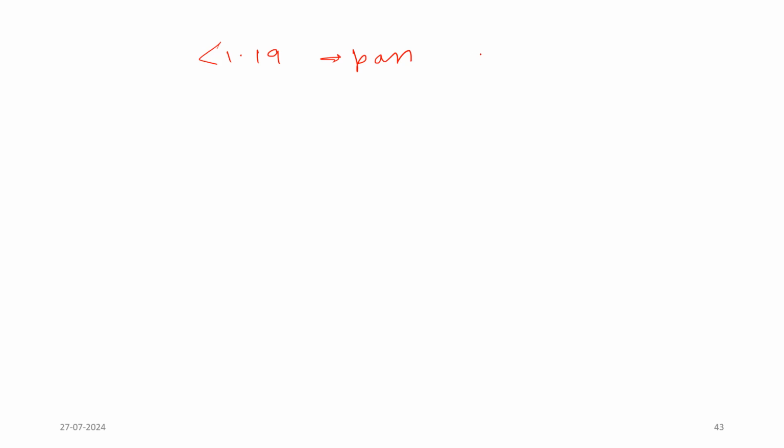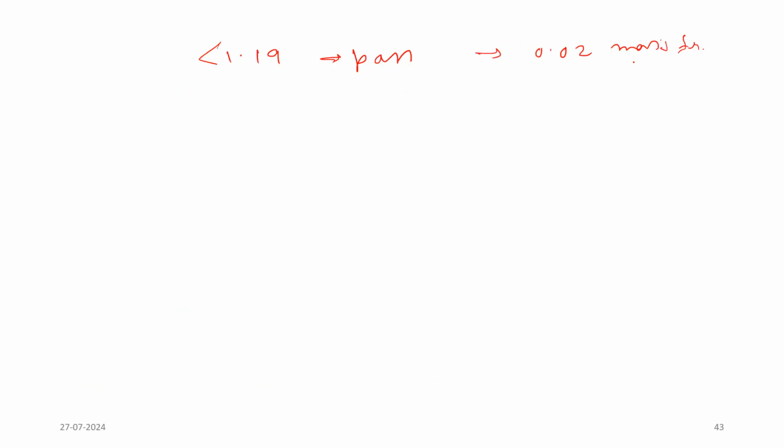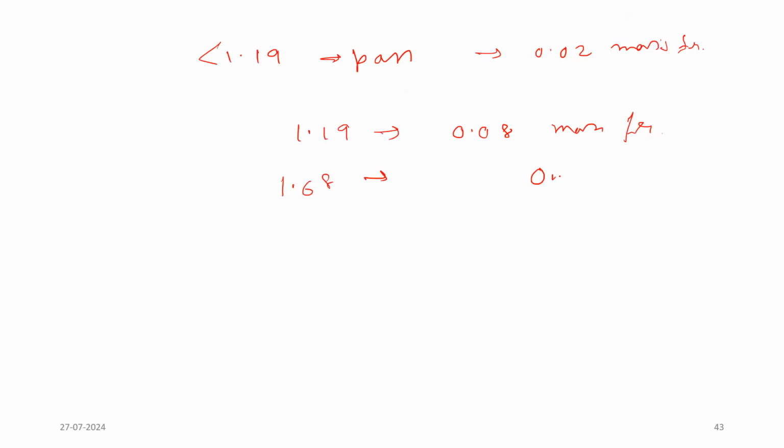So in the pan we are getting 0.02 mass fraction of solids. Okay. Before that, in the 1.19 sieve we are getting 0.08 mass fraction of the solids, right? Above this is 1.68, where we are getting 0.3 mass fraction.